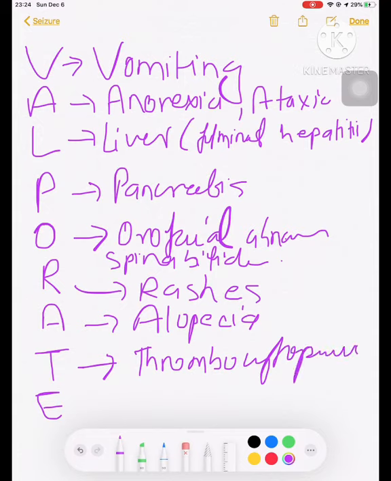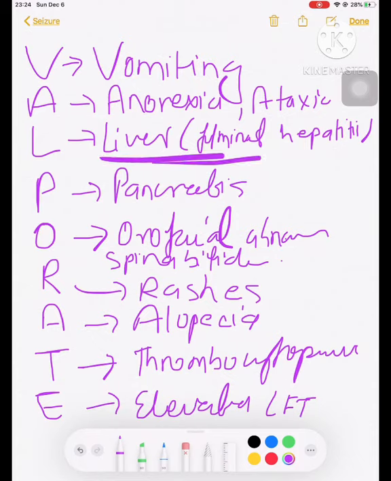So it is important to observe the platelet levels. The last one, E, is elevated LFTs, meaning hepatitis. So this is the mnemonic to remember the side effects of this drug.